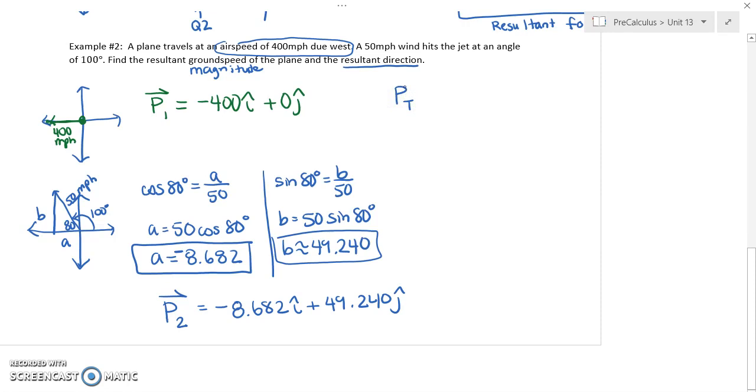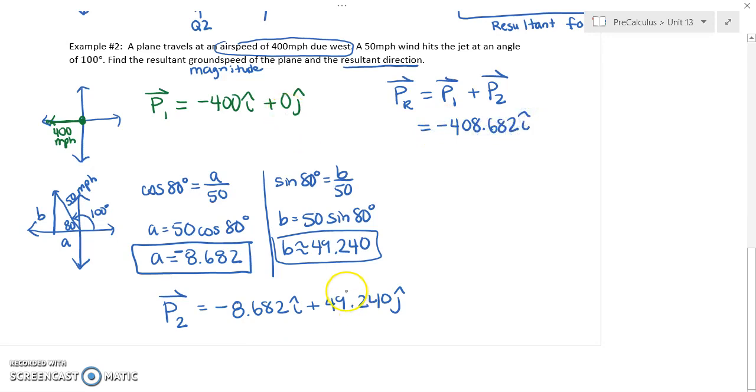Now, the total force, that's the resultant. I'll just put an R there so you know. That's the resultant right there, which is pretty much the first vector plus the second vector. So we're going to go ahead and add their components. I'm adding negative 400 and negative 8.682, getting negative 408.682 i hat.